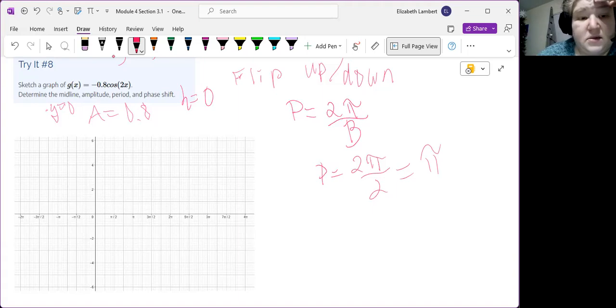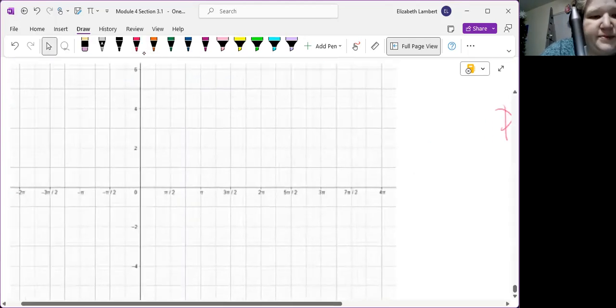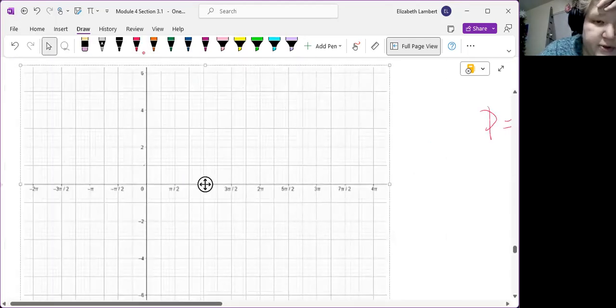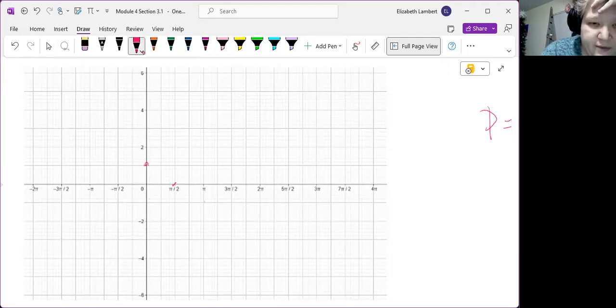And then, a normal cosine, let's zoom in a bit here. A normal cosine would start at 1, go to 0 at pi over 2, negative 1 at pi, 0 at 3 pi over 2, and then 1 at 2 pi.